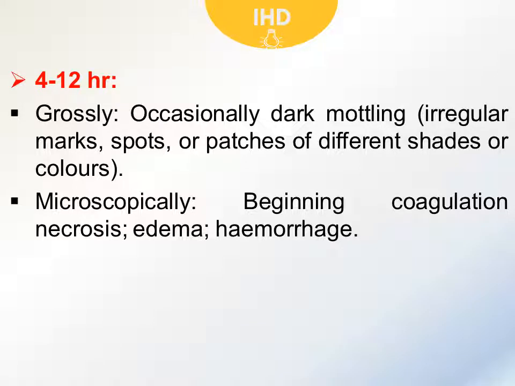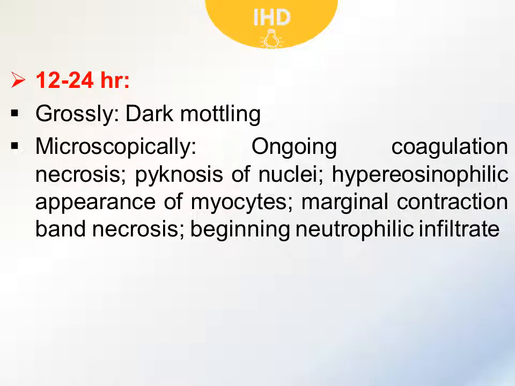From 4 to 12 hours, grossly, occasionally dark mottling, irregular marks, spots or patches of different shades or colors. Microscopically, beginning of the coagulation necrosis, edema, and hemorrhage. Later on, from 12 to 24 hours, grossly, there will be appearance of the dark mottling.